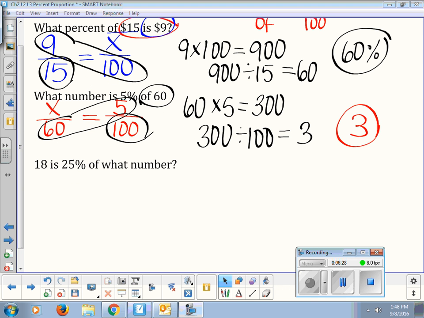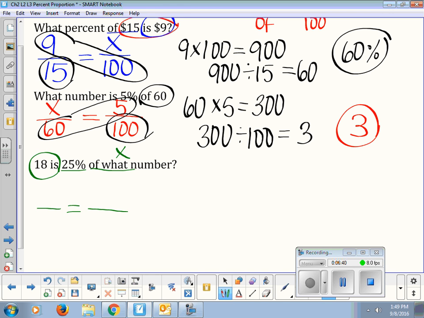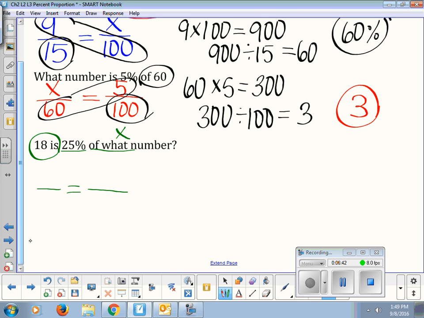Okay, and for our third example, we have that 18 is 25% of what number? So when I set up my two fractions, my second fraction always has what in the denominator? 100. Do we have a percent given to us? Yes, what percent do we have? 25.